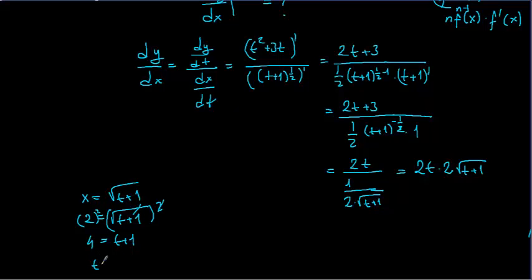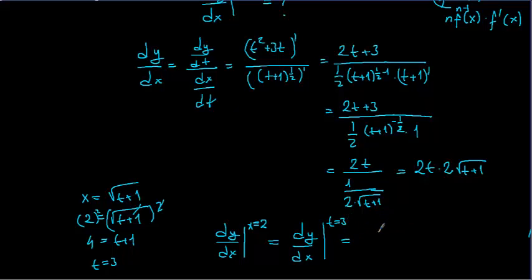And t is equal to 3, which means dy over dx when x is equal to 2 is equal to dy over dx when t is equal to 3.